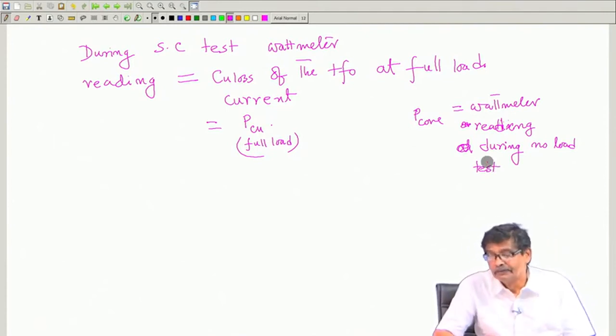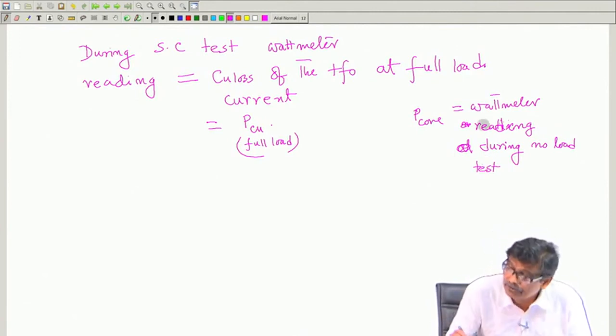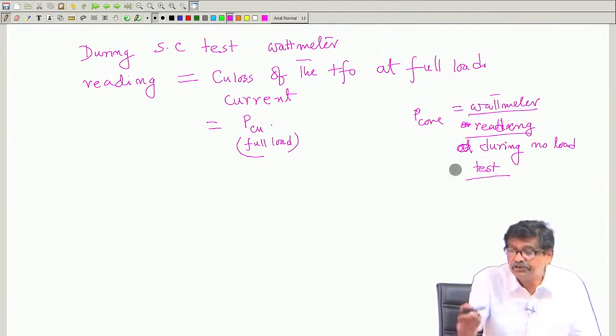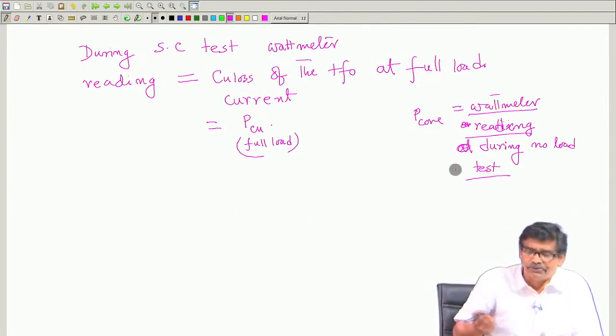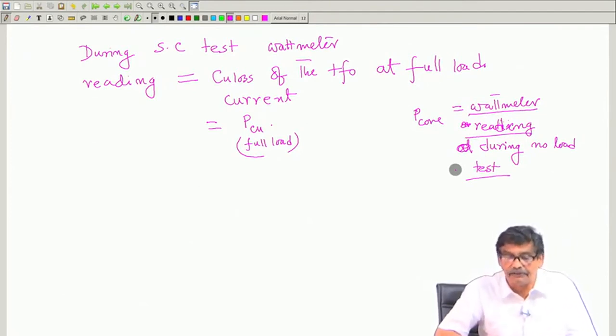So, flux remains same and wattmeter reading was reading only the core loss alone, we neglect the copper loss at that time. So, this is the thing, and which is constant. As we change Z, P core will practically remain constant.